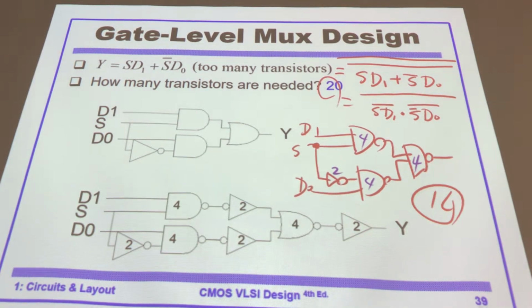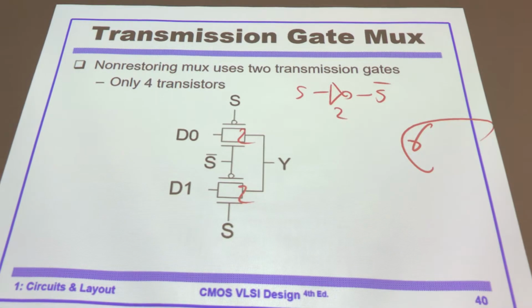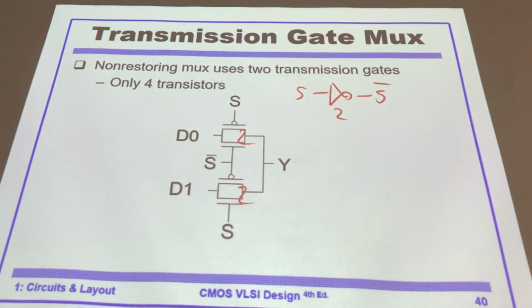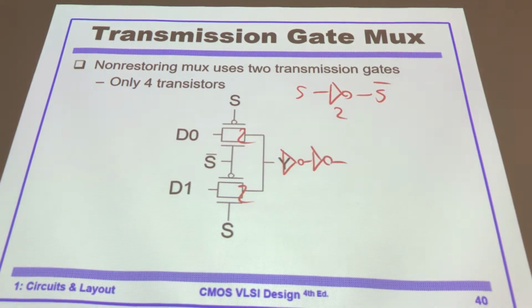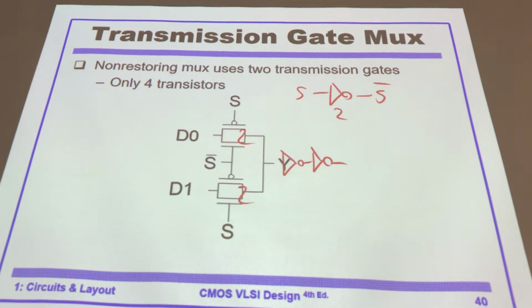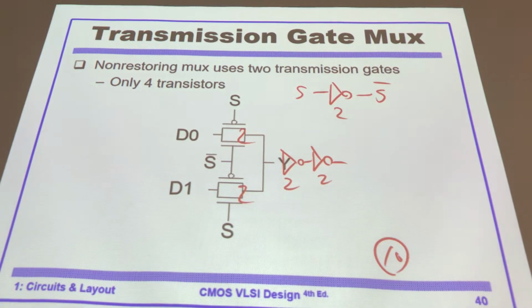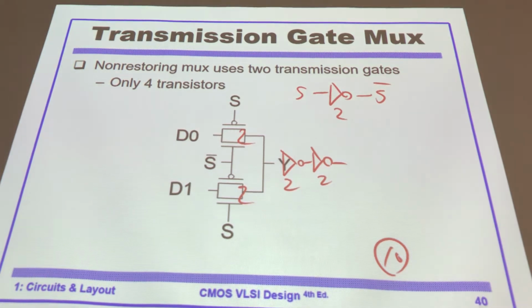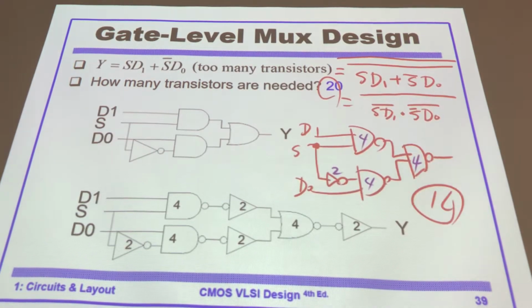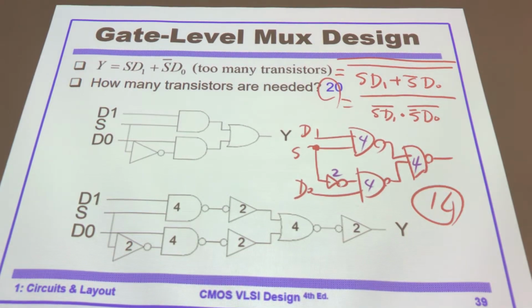Also, some people do this because the Y output is not strong enough. Then why not add 2 inverters here? Then how many transistors? Totally 10 transistors. Still smaller than this design, although not much smaller than 14.